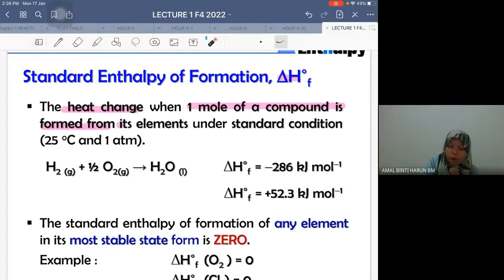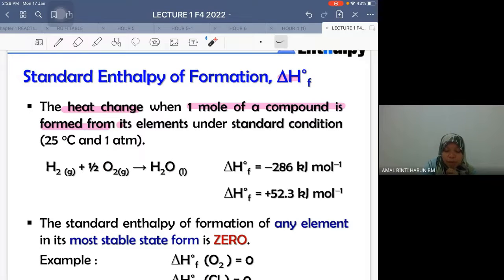It's made up of its element. Okay, elemen yang membina H2O terdiri daripada H, hydrogen dan oksigen. So, in order to form 1 mole of H2O, your hydrogen mesti ada 2 biji dan hydrogen wujud sebagai elemen dia hydrogen gas, H2. Kemudian oksigen, kita tak jumpa oksigen seketul O macam ni.